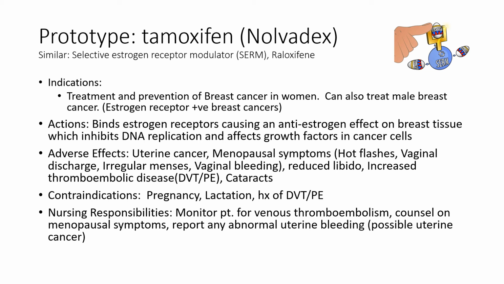You'll come back and say, listen, I have hot flashes, I've got irregular periods now, I don't have any sexual desire. So we've basically made someone develop menopausal symptoms because we're blocking their estrogen.